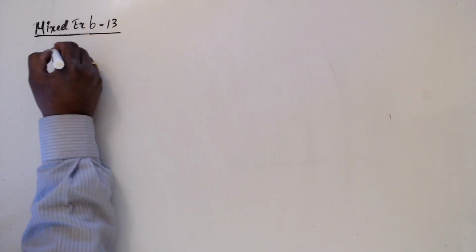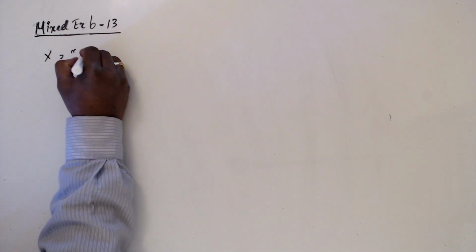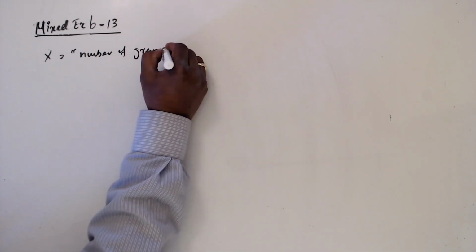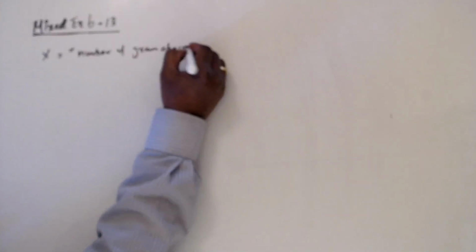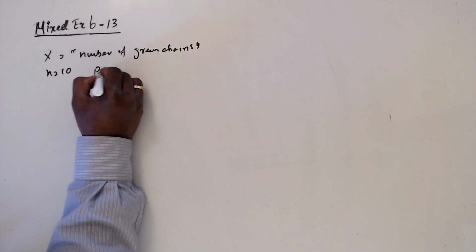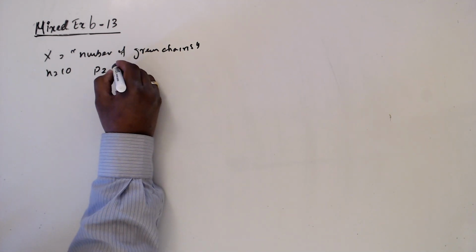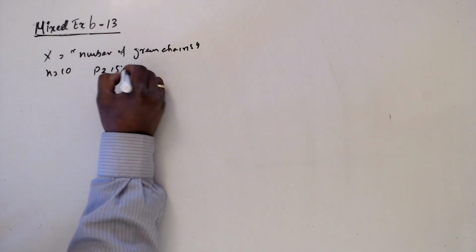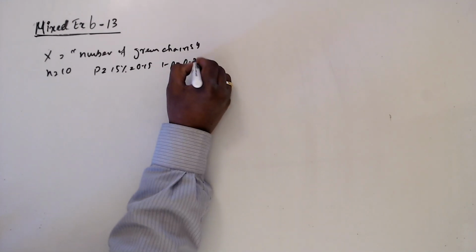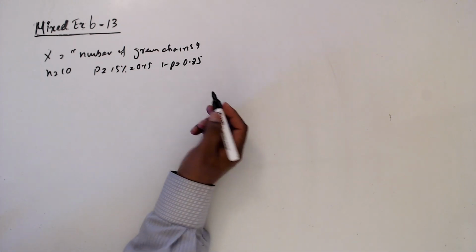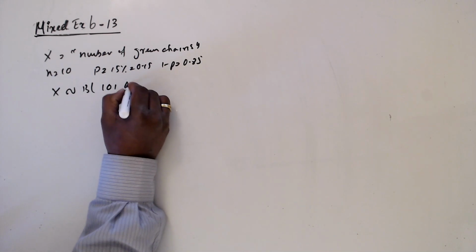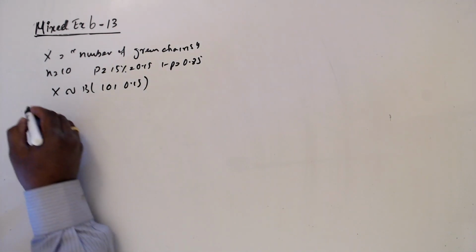So we can say X is the number of green jars, and n equal 10, p is given 0.15, 15% means 0.15, and 1 minus p is 0.85, and so X follows binomial 10, 0.15.